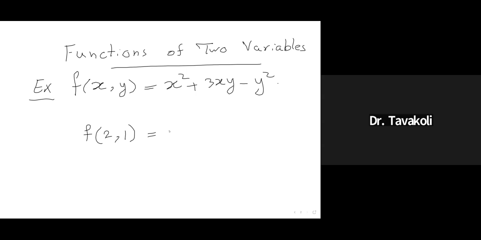So 2 squared plus 3 times 2 times 1 minus 1 squared. So I just substitute 2 for x and 1 for y. So I come up with a value. That will be the evaluation of the function at the point 2, 1. So in this case, f of 2 and 1 equals 9.